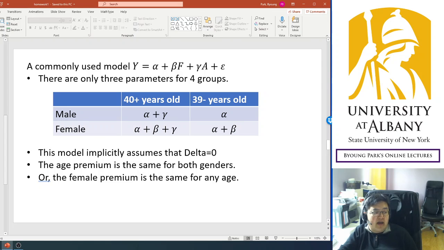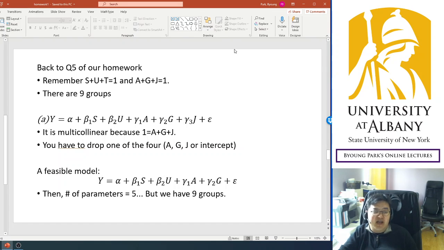Now we are going back to the homework. It is more complicated because there are 2 dummy variables and each has 3 groups. So in total, there are 9 groups, depending on the type of the car and the country the car was made in.